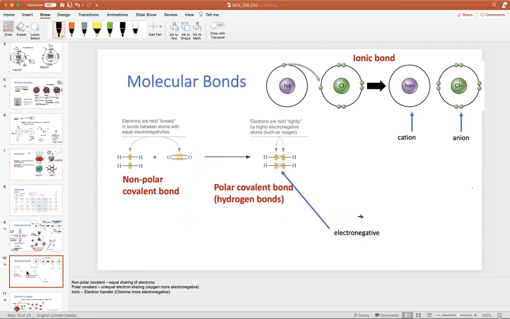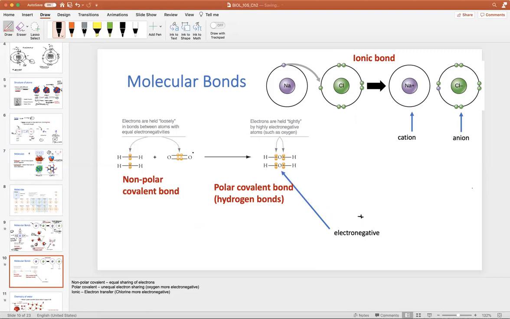All right, let's see here. This is just another way of looking at it. Okay, so here we have nonpolar covalent bond, nonpolar covalent bond. Okay, can you see that like here we have these being pretty evenly shared.